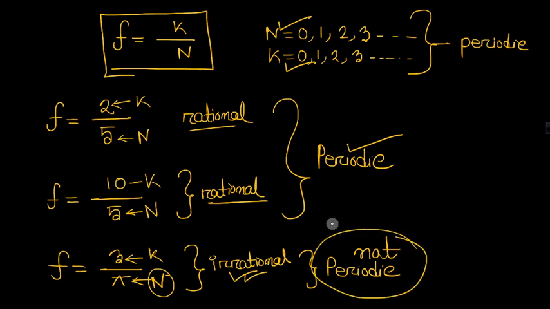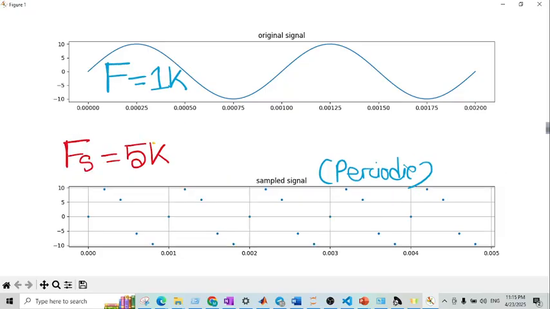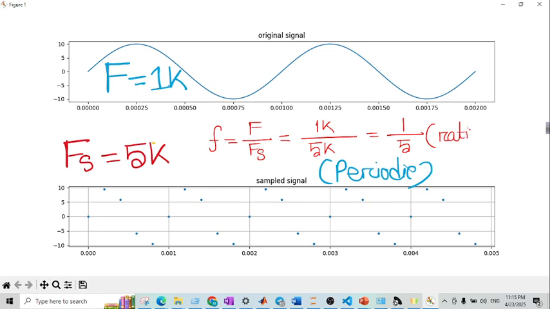Now let's see this in our previous two signals. Here you have small f equal to capital F divided by Fs, which is equal to 1k divided by 5k, and it's a rational number, right? As small f is a rational number, the signal is periodic.